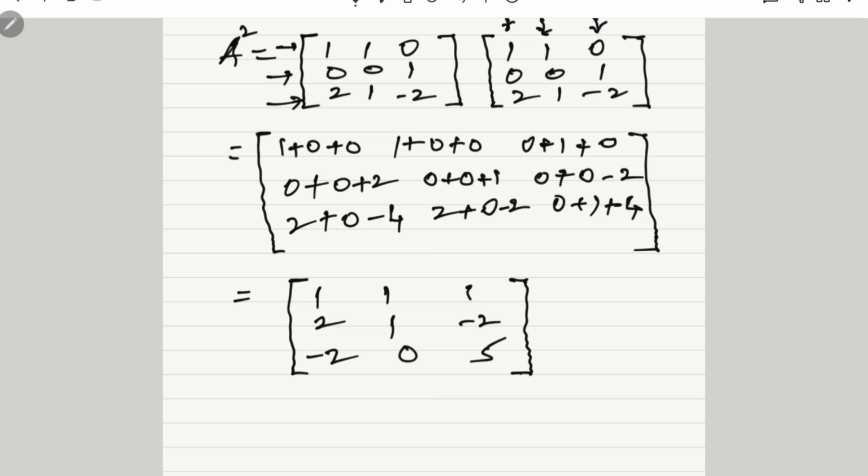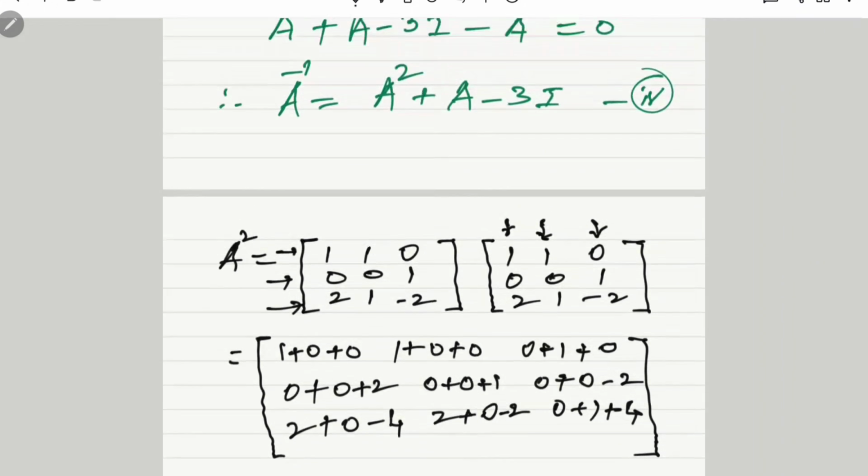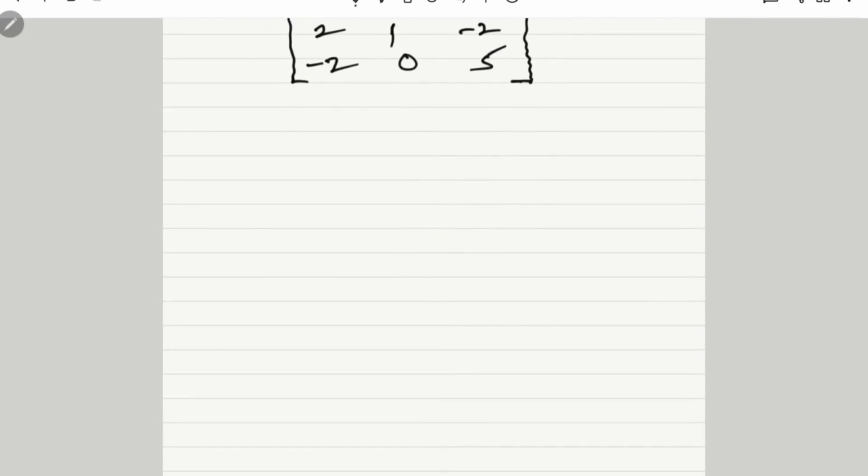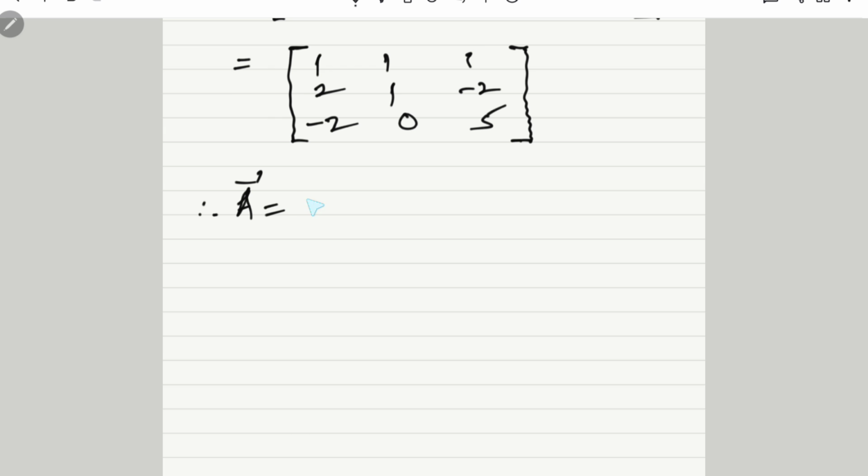This is the matrix of A square. Then substitute this in equation 3 along with that matrix A and identity matrix. Therefore we get A inverse as A square. Matrix of A square is 1, 1, 1, 2, 1, minus 2, 0 and 5.